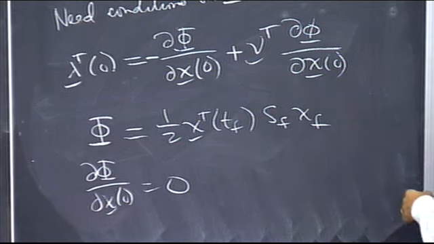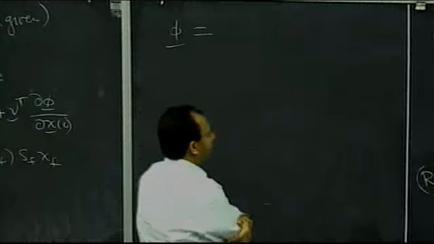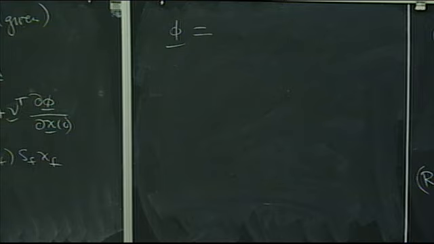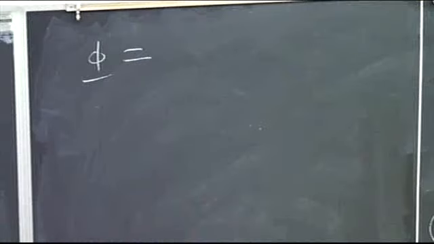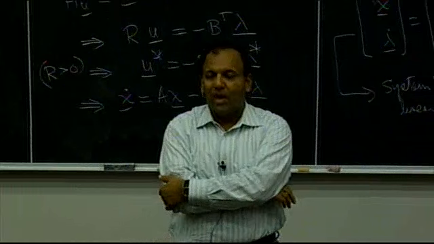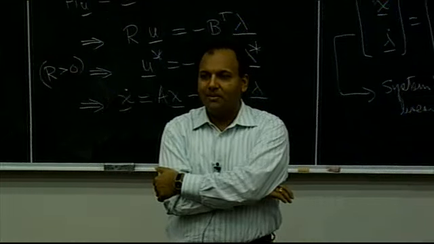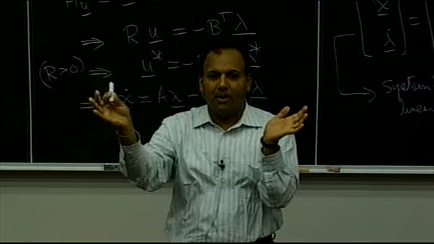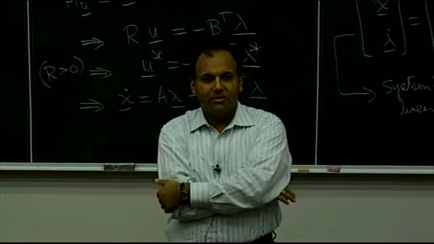Little phi. What's that equal to? There are no boundary conditions. So I have a problem with no boundary conditions. The problem statement is go from anywhere you want to anywhere you want and minimize this cost function.